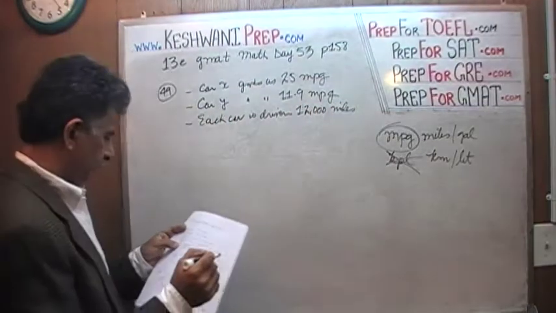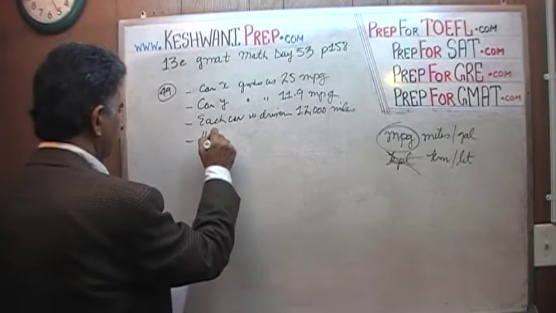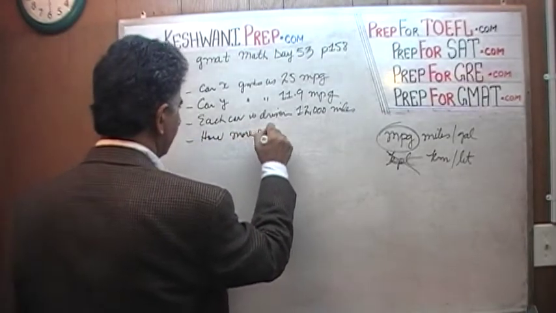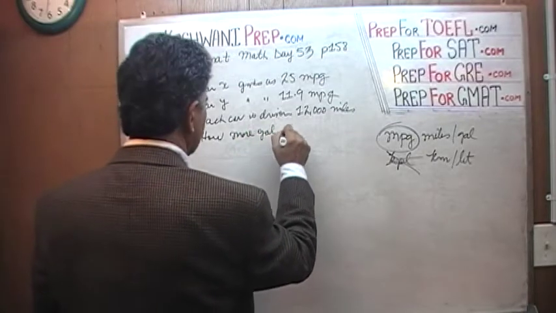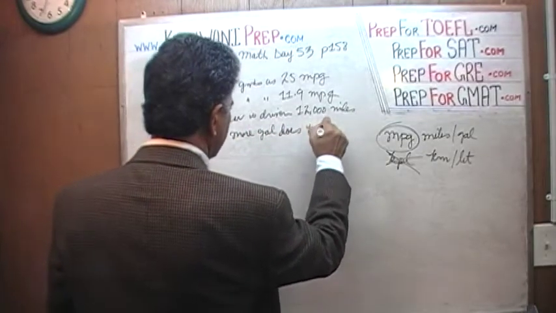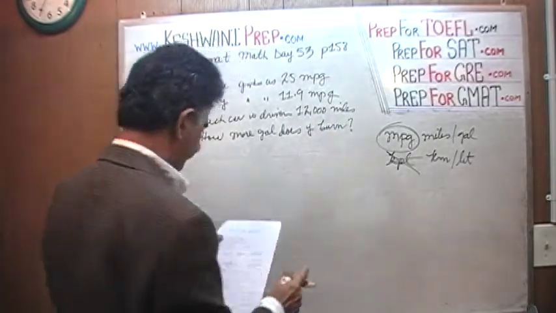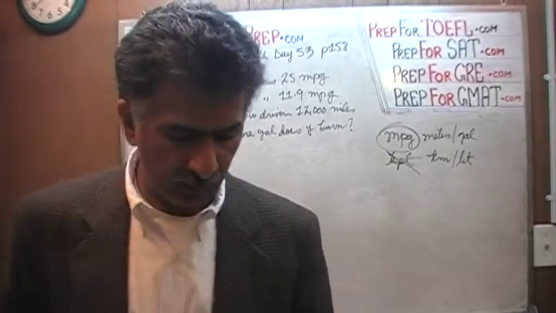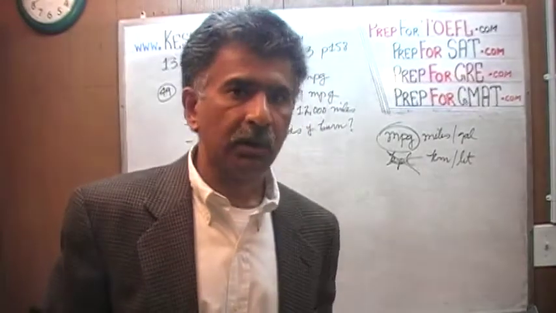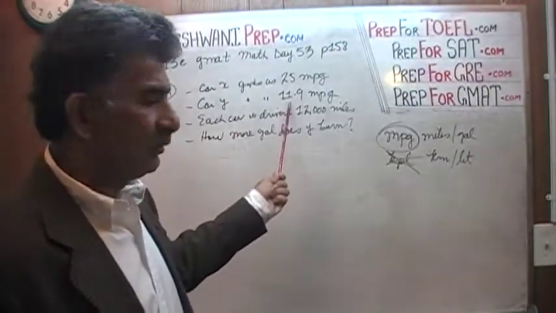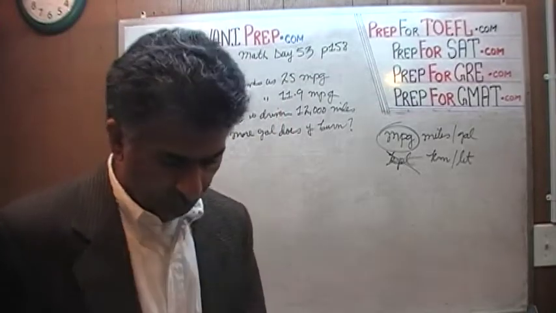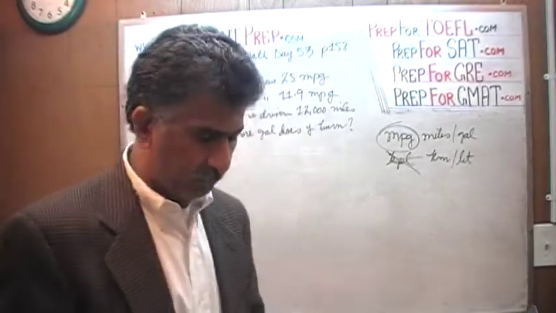The question simply is, how many more gallons will car Y burn? Car Y, which has poorer gas mileage, gives us barely 12 miles a gallon as opposed to the 25 miles per gallon. We are making a journey of 12,000 miles.